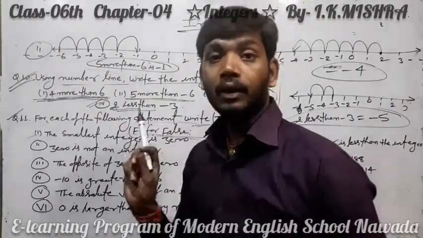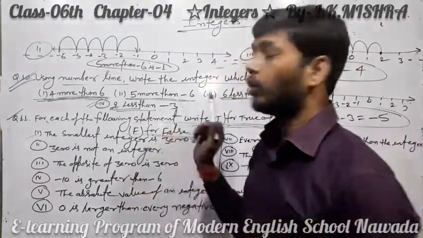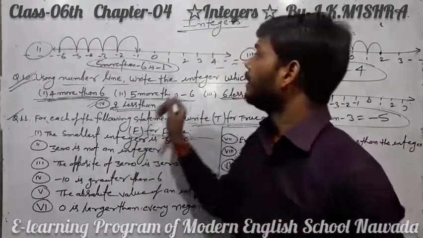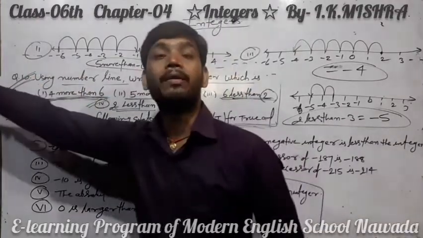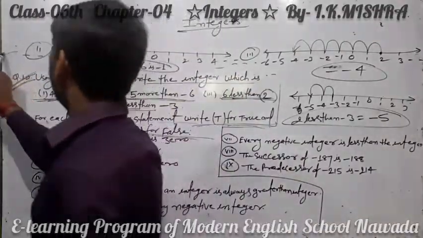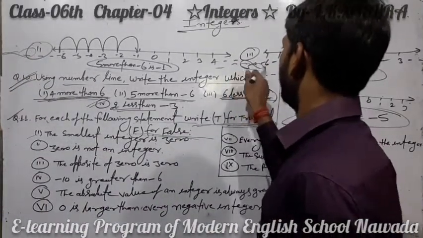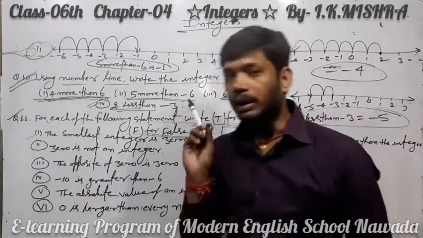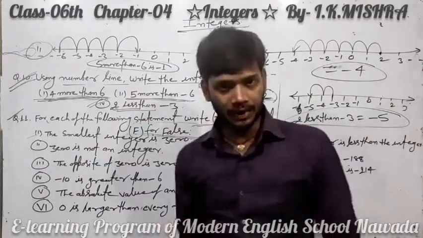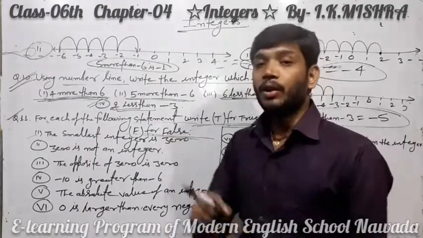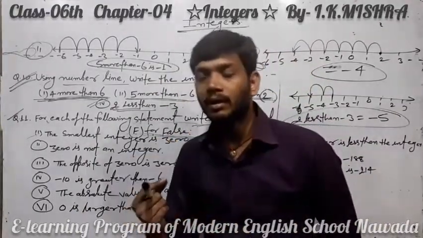Can you say a smallest integer? No. The smallest integer is undefined because you go right to left to infinity, and in the positive direction also infinity. So students, you never say the smallest integer and largest integer, but you can say the largest negative integer.